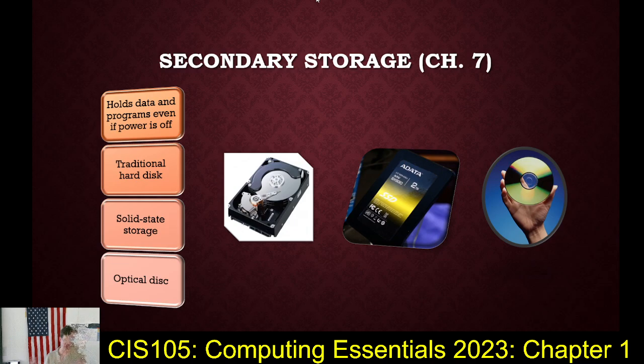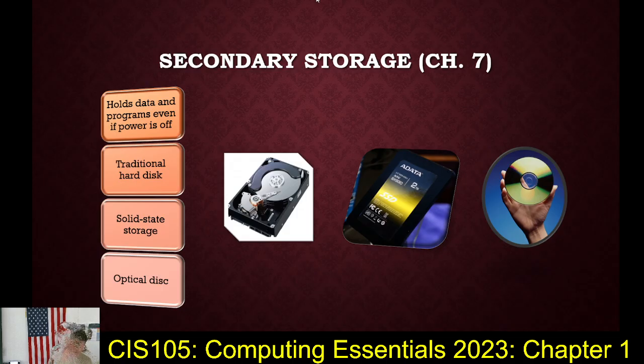All right, the fastest chapter that we're going to have this semester is in 6 weeks. I think it's 6 weeks, and that's chapter 7, secondary storage. So when we turn off the power, it still saves all the work that we've done. If we've saved our work and we turn it off, turn it back on, everything is still there.